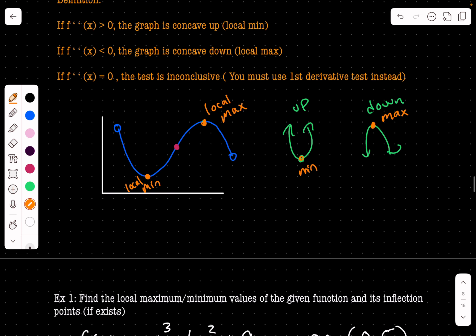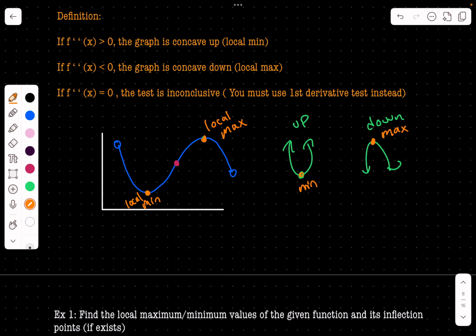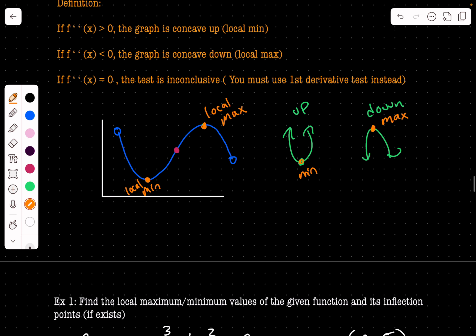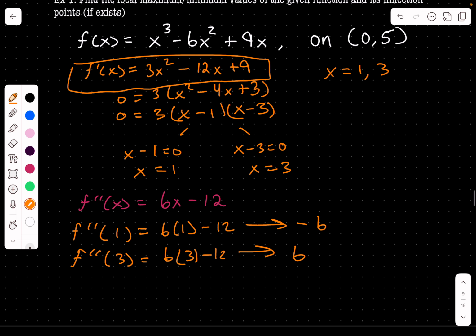And if we look at our definition, it says if f double prime of x is greater than 0, then the graph is concave up. Well, 6 right here is greater than 0. Therefore, it's going to be concave up, and it's also going to make this our min.